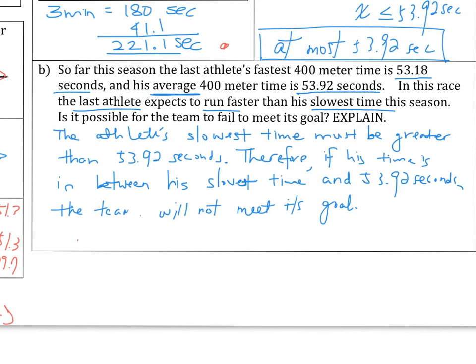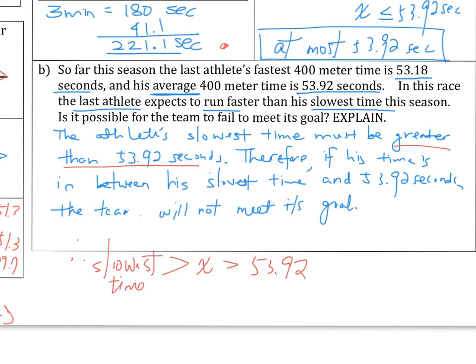So in other words, if the time for this last athlete is greater than 53.92 seconds, and also between his slowest time, then they will fail to meet their goal.